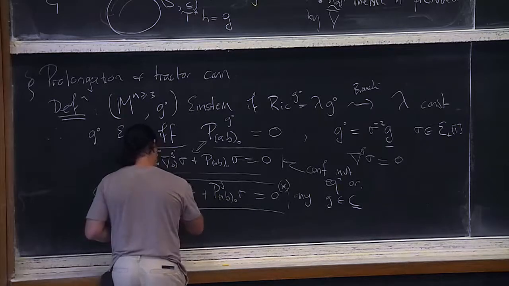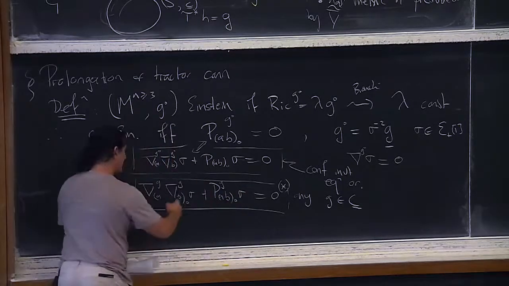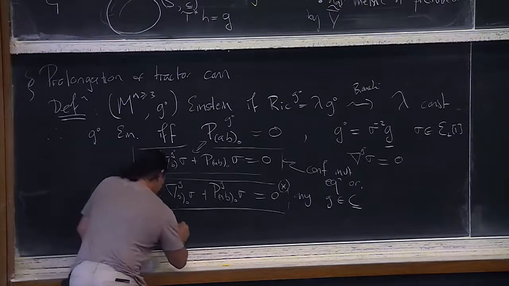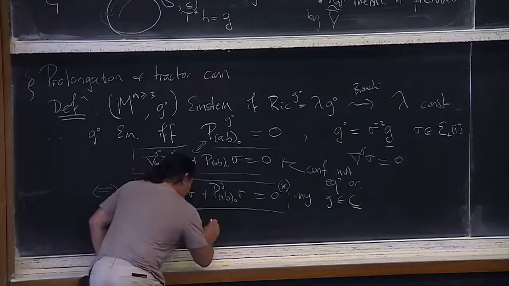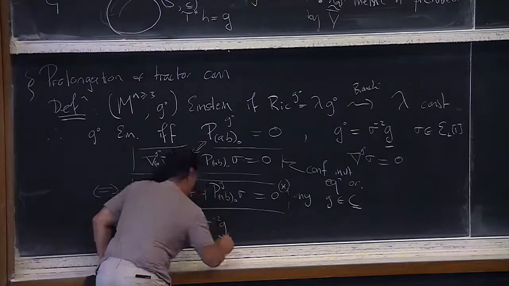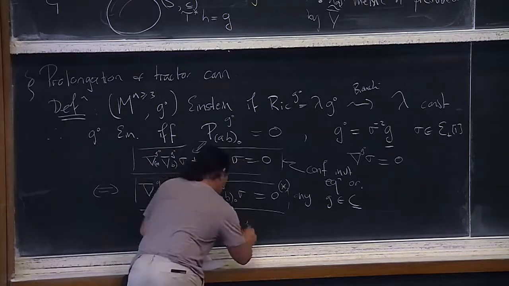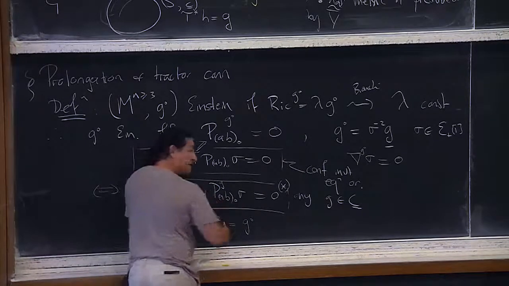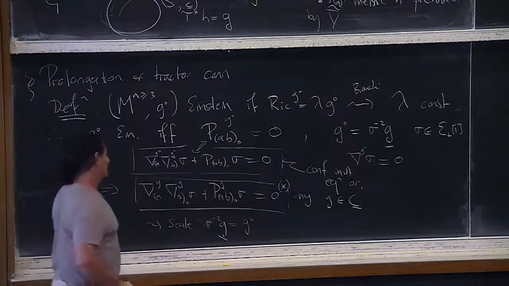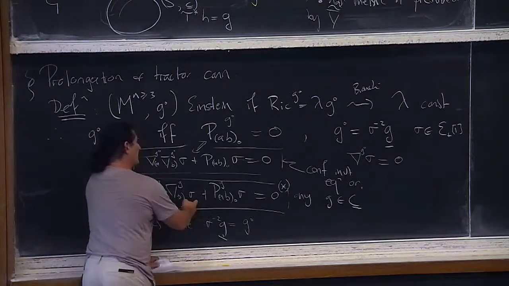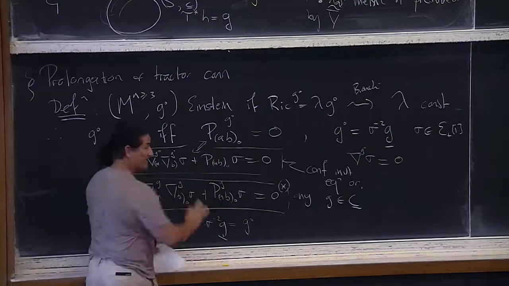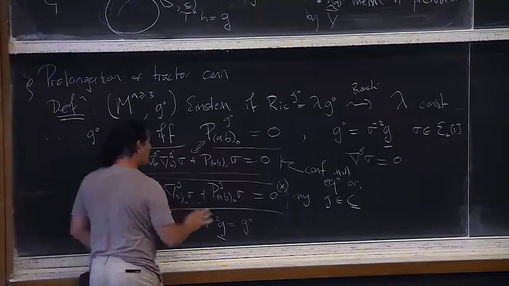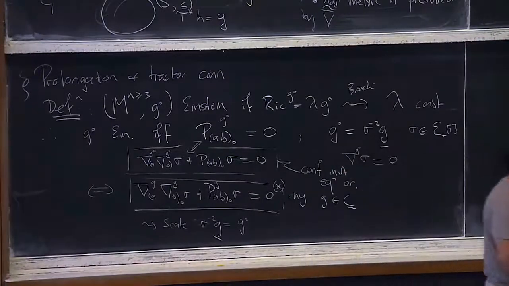So in other words, if we have a solution of this, you can go back and calculate in the scale sigma to the minus 2 g bar, and then call that g0, and then this term will drop out, and so you'll get the trace-free part of Schouten equal to 0. So this is a conformally invariant way of describing that, nothing more, okay? So little progress, but we'll see it's kind of useful.